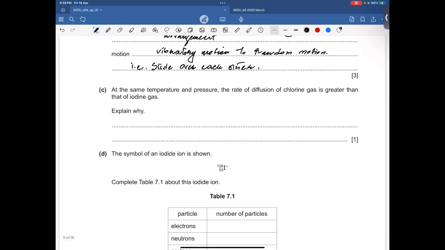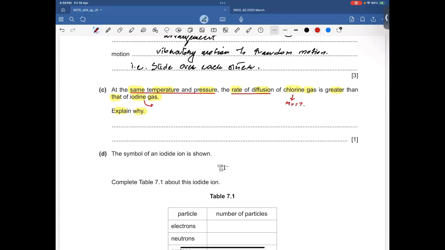Okay. At the same temperature and pressure, the rate of diffusion of chlorine gas is greater than that of iodine gas. Explain why. The rate of diffusion depends on temperature and molecular mass. Since temperature and pressure are both the same, we need to check the molecular mass of both the gases. The molecular mass of chlorine is 71.